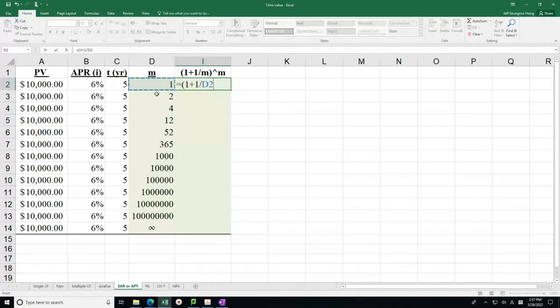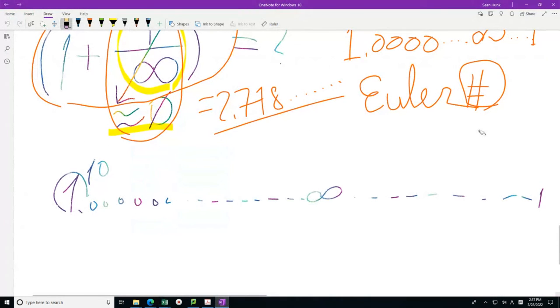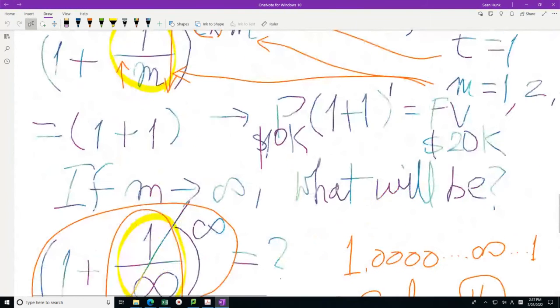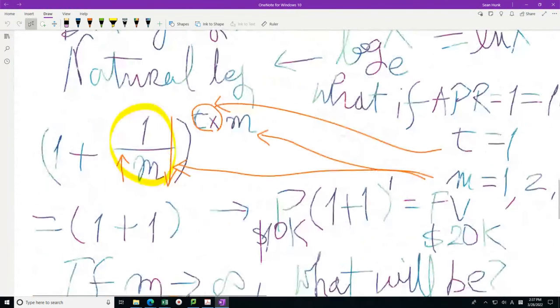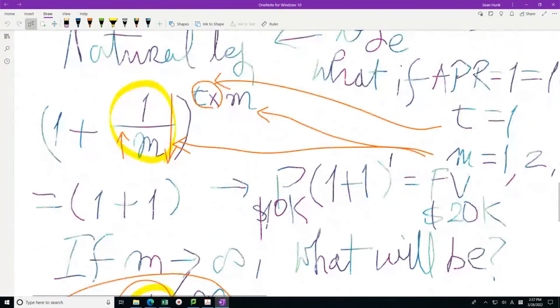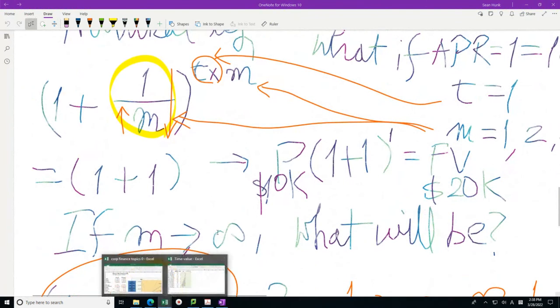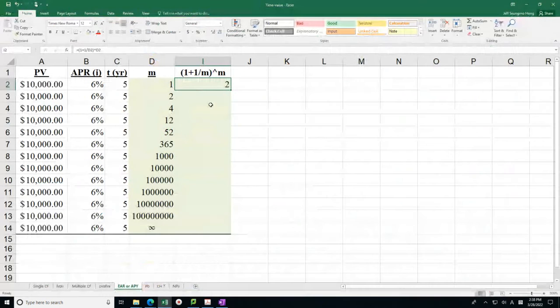And we divide it by the compounding frequency and raise it to 1. It's just going to be 2, because if m is 1, this whole thing will be 2. And then we're going to just drag it down.